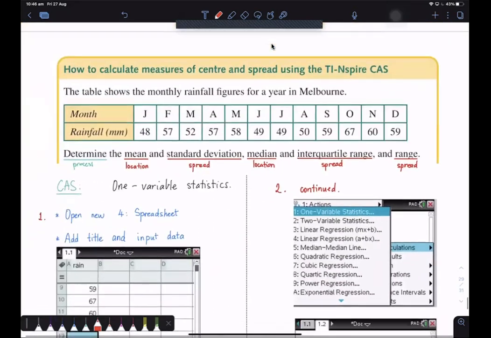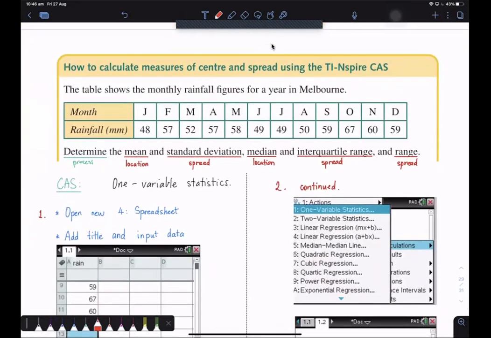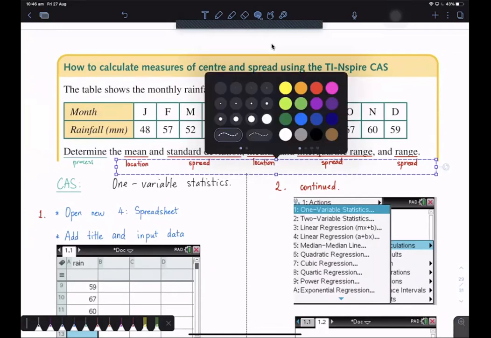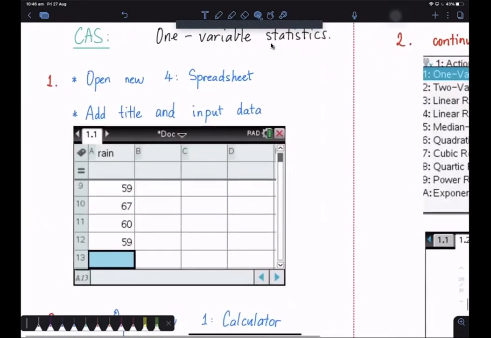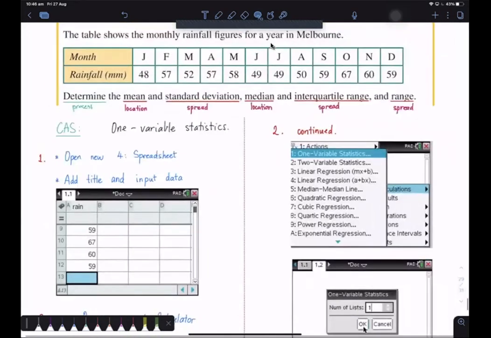Okay, so let's go and find these numbers here. We're going to find all these values for all of these ideas. So can you please open up your CAS now and type in the values at the top there? We know how to do this by now, hopefully.